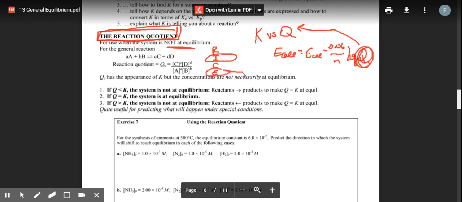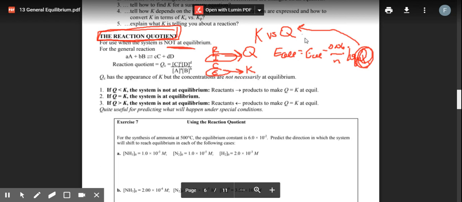These equilibrium values are what I'm plugging in to K because they're at equilibrium. These initial values, on the other hand, are what I plug in for Q. So Q is the same expression, products raised to their coefficients over reactants raised to their coefficients, except I plug in initial values for Q, whereas I plug in equilibrium values for K.